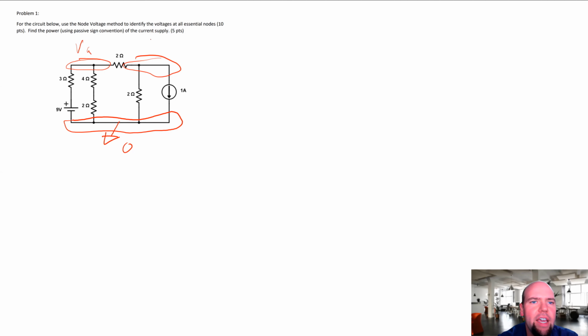I'll just call these VA and VB. Then we're going to have to write an equation for the current flowing out of each of these nodes. So, current flowing out of VA and the current flowing out of VB.